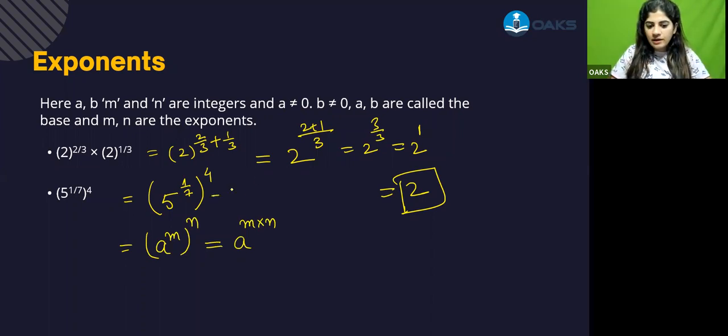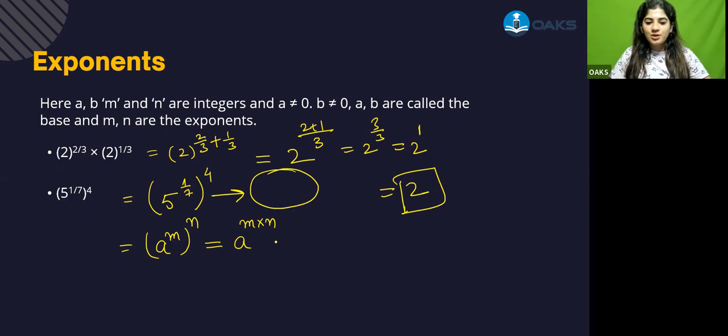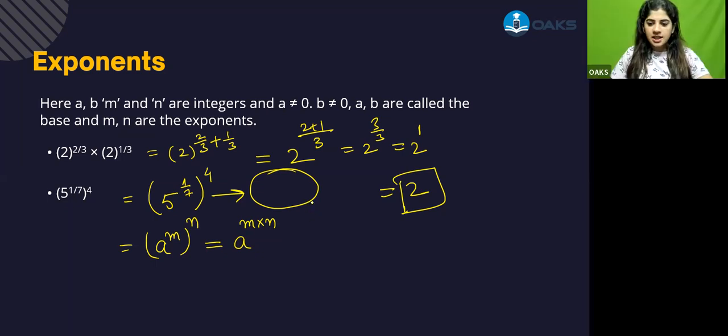So Manaswini, now can you solve this? Madam, yes. 5 power 4 by 7, madam. Yes. Thank you so much. Okay. 5 raised to power 4 by 7. Good. Now, Manaswini, can you answer now? This is the law I'm using here.